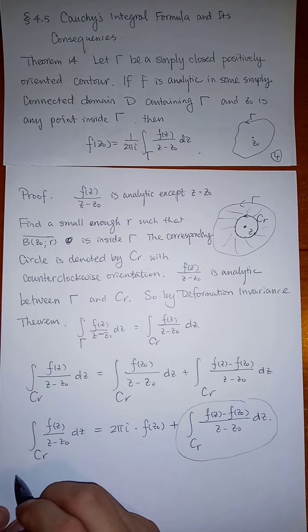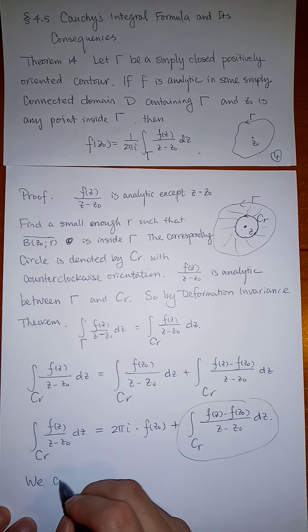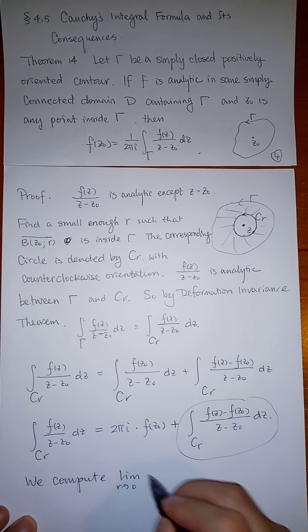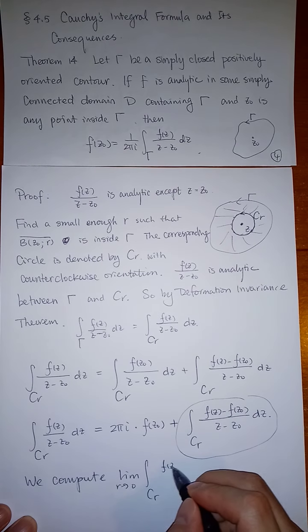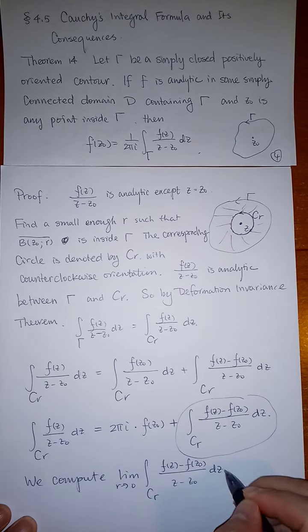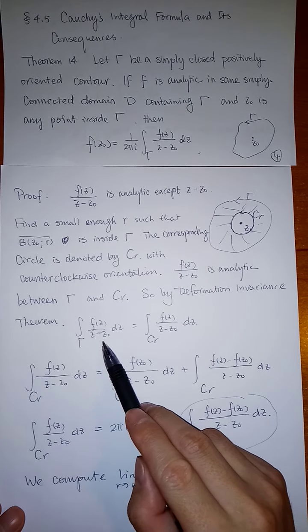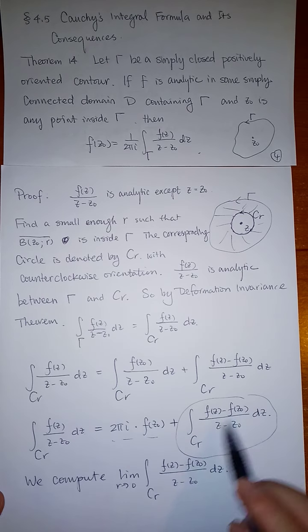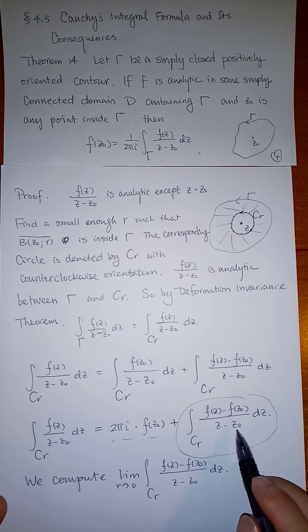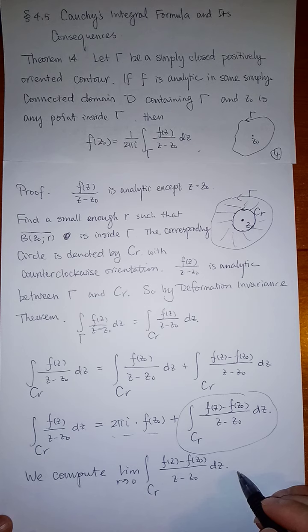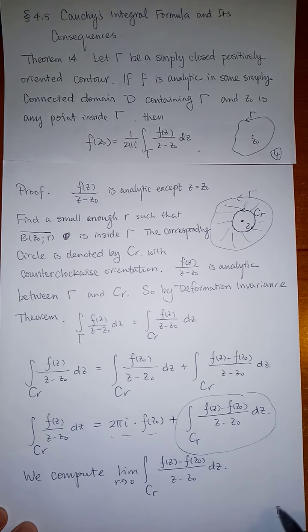So we are going to compute the limit r approaching 0. The left hand side is constant. Left hand side is equal to this integral over gamma. Right hand side, this is constant. Only this term may or may not change. We don't know, but it may change, whatever. So if after the limit this is 0, then we finish the proof. Okay? So we want to check if this is 0 or not.